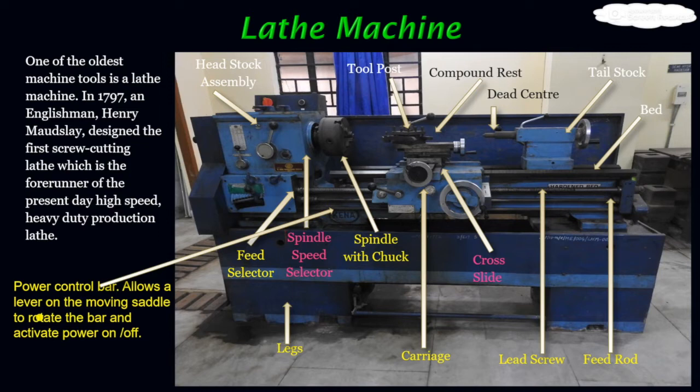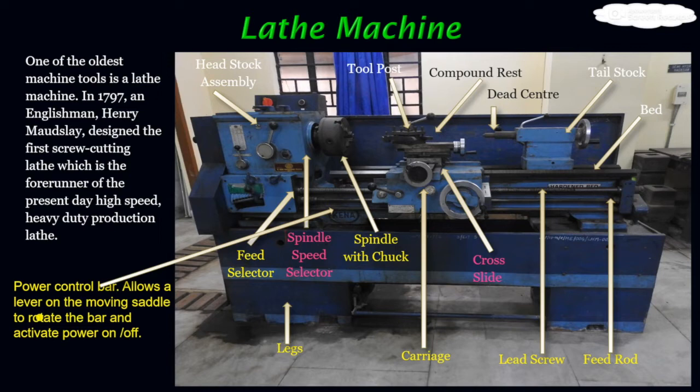As already I have told you, for shaping, means making a plane surface, we are using the shaping machine. To make a slot, we are using the milling machine. To make a drill hole, we are using the drilling machine. But all these operations, making a drill hole, making a key slot, making a plane surface, a lathe can be used with separate attachment.